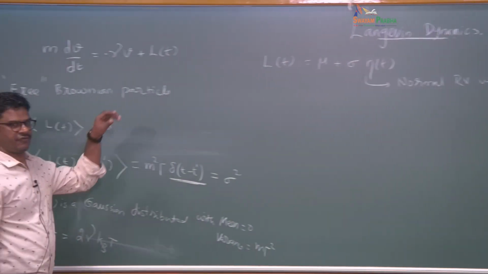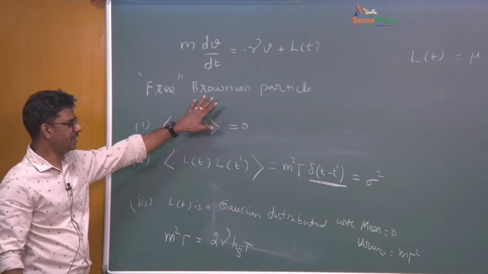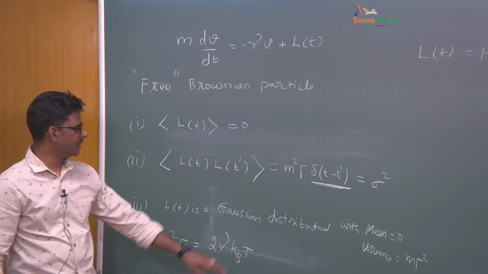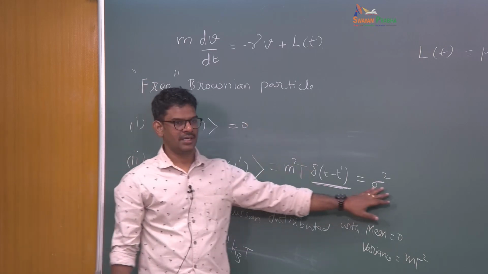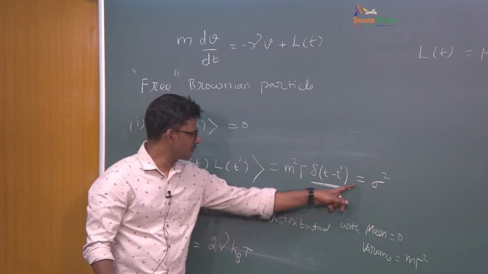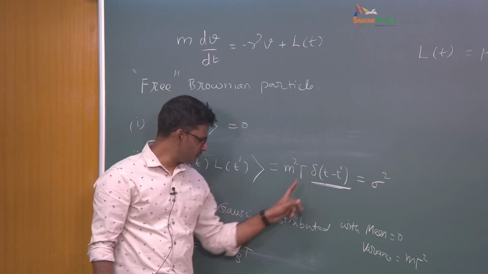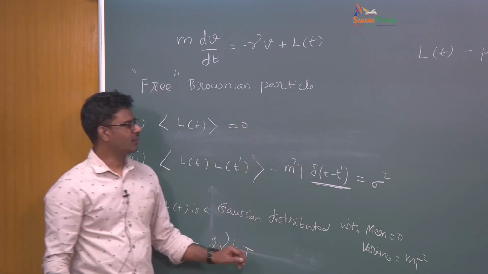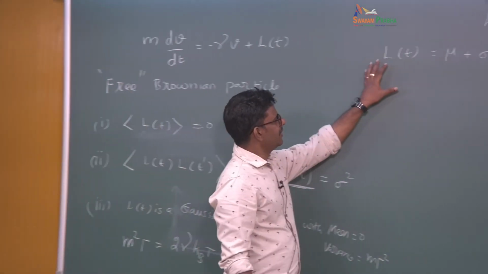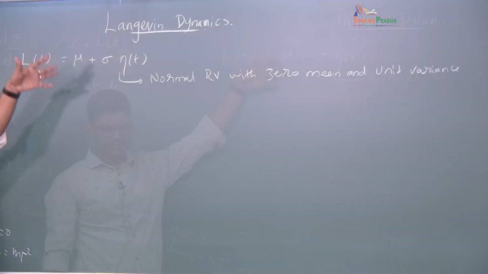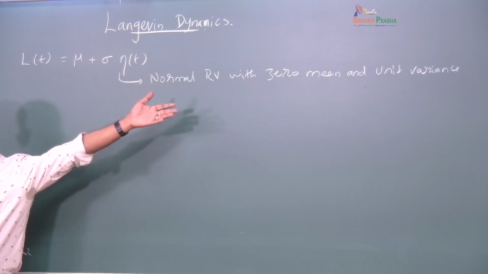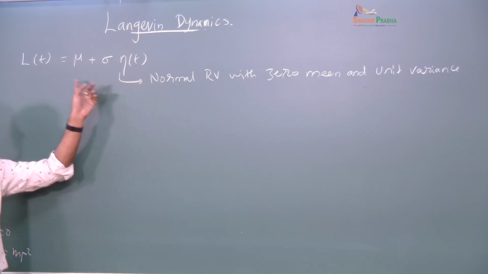So as far as this free Brownian particle is concerned, this random force is Gaussian distributed with a mean value of 0 and a variance of sigma square. Sigma square is nothing but m square gamma, and m square gamma is related to 2 gamma kBT. Now I can rewrite this random force, which is Gaussian distributed, through a normal random variate with 0 mean and unit variance via this transformation.